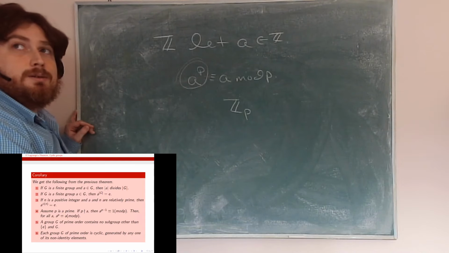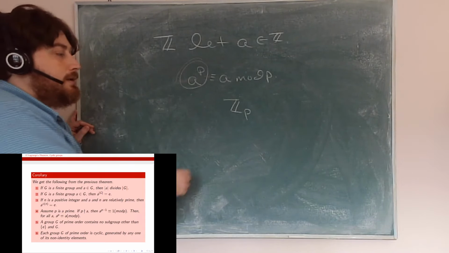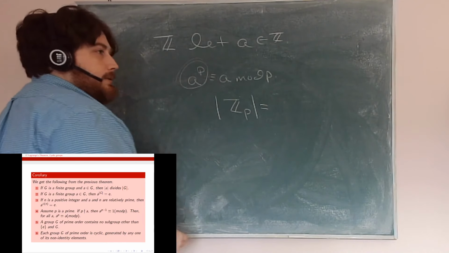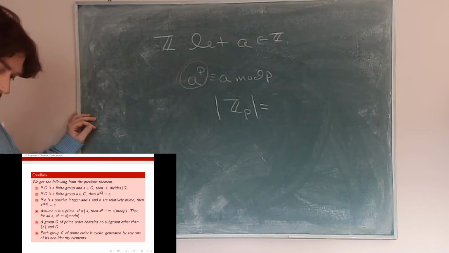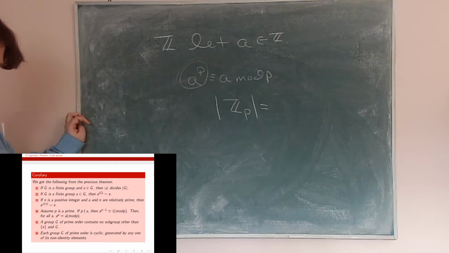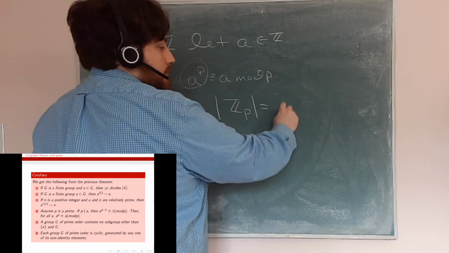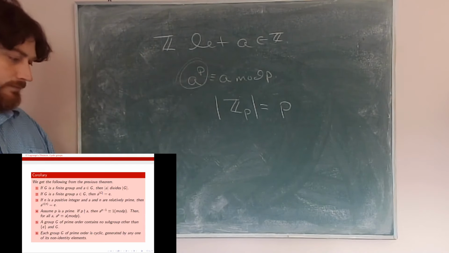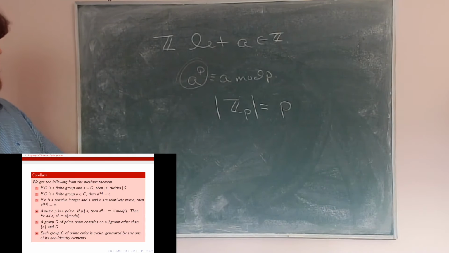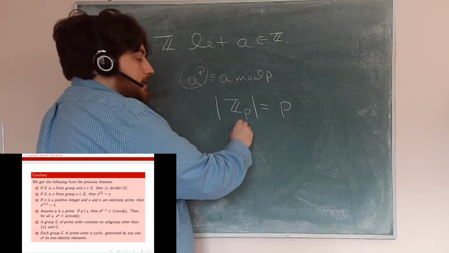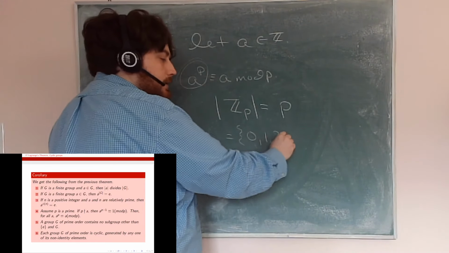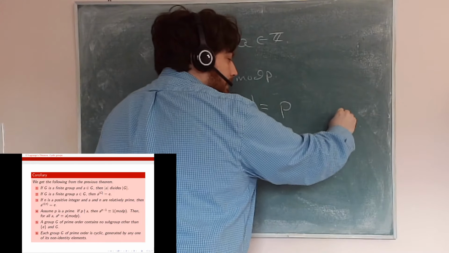All right, so if we think about the integers mod P, what is the cardinality equal to? So the cardinality of Z sub P is just P. Because remember, Z sub P is just the set consisting of 0, 1, 2, 3, up to P minus 1.